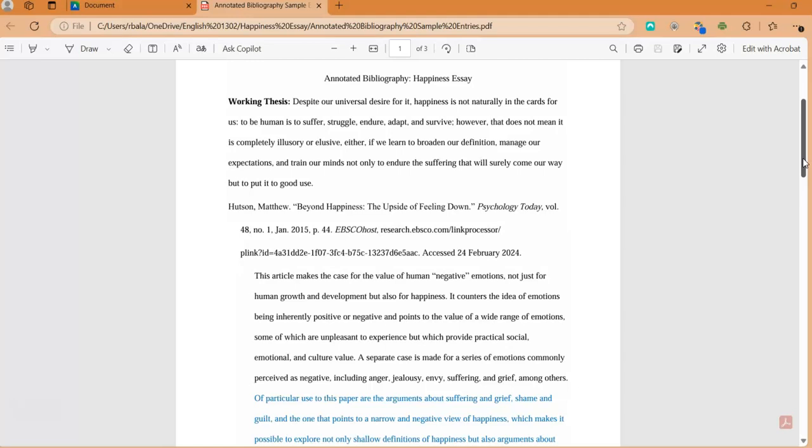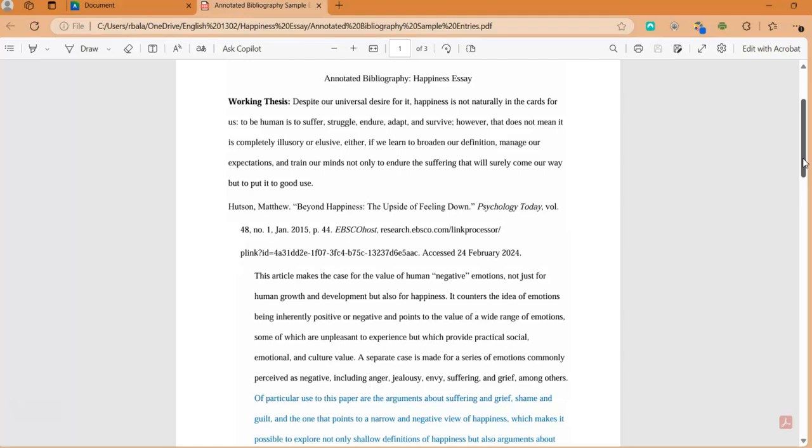To be human is to suffer, struggle, endure, adapt, and survive. However, that does not mean it's completely illusory or elusive either. If we learn to broaden our definition, manage our expectations, and train our minds, not only to endure the suffering that will surely come our way, but to put it to good use.